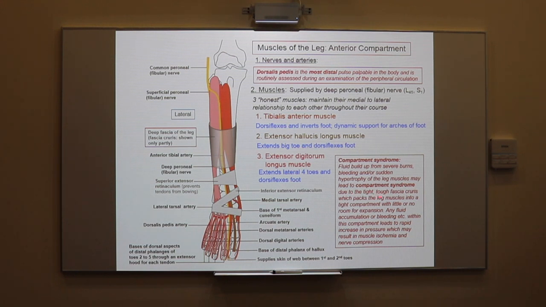Due to tight and tough fascia, which packs the leg muscles into a tight compartment with little or no room for expansion, any fluid accumulation, bleeding, etc. within this compartment leads to a rapid increase in pressure, which may result in muscle ischemia and nerve compression. And that's why you might have pain in the anterior compartment because of hypertrophy of the muscle or fluid accumulation or anything. That can lead to compartment syndrome in the anterior compartment.